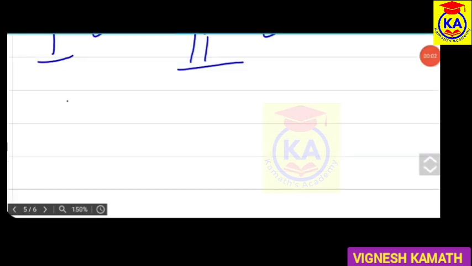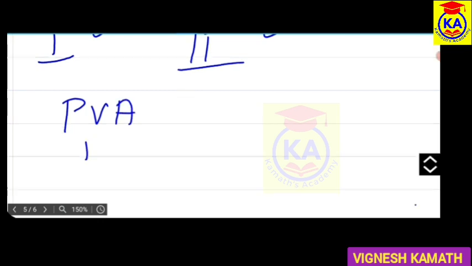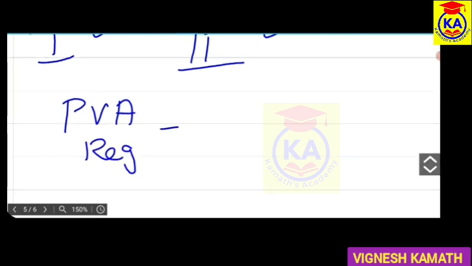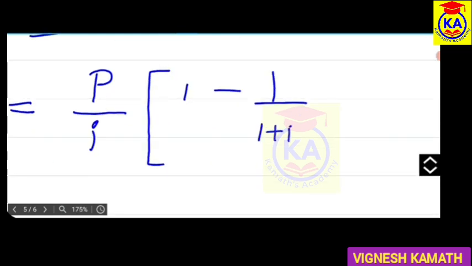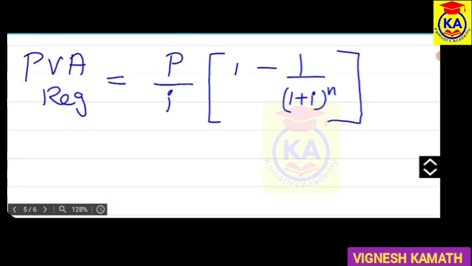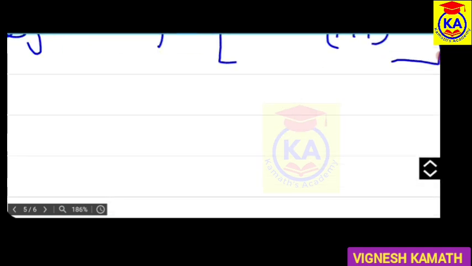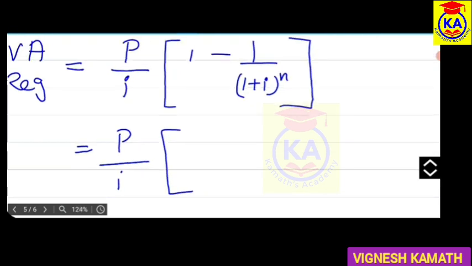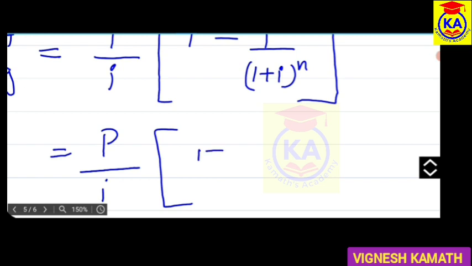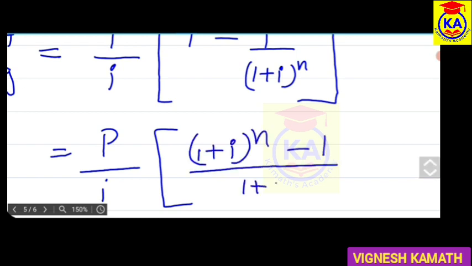The formula is present value of annuity regular is equal to P by I, 1 minus 1 by 1 plus I to the power n. You can further simplify this formula: P by I, now take the LCM, so 1 plus I to the power n minus 1 divided by 1 plus I to the power n.